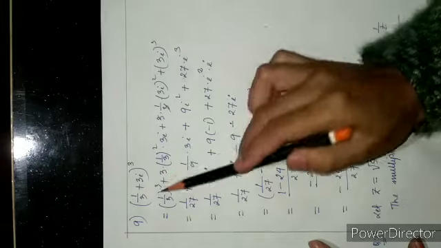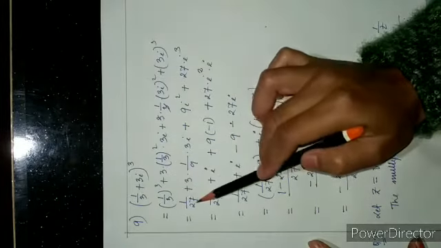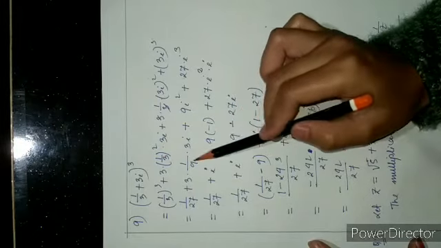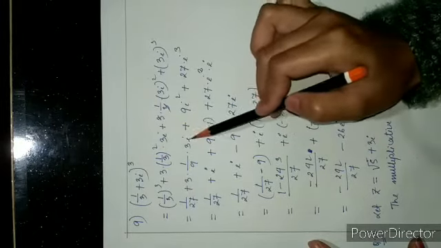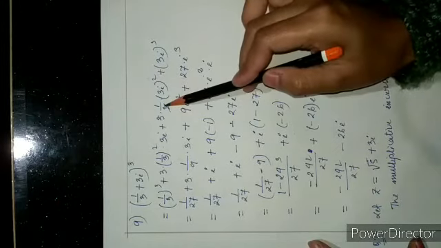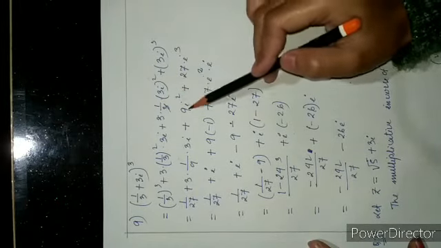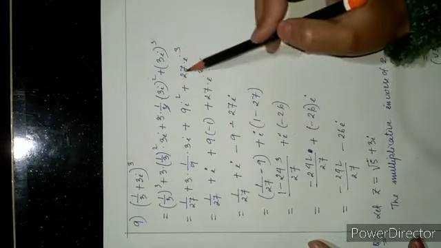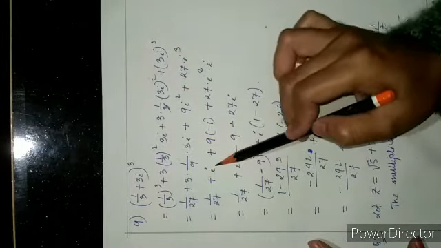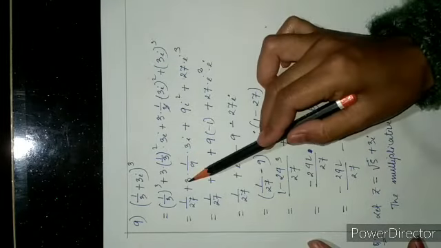Since 1 by 3 whole cube is equal to 1 by 27, 3 into 1 by 3 whole square is 1 by 9, and 3 into i plus 3 into 1 by 3. Cancelling 3. 3i whole square is 9 into i square, and 3 cube is 27 and i cube. 1 by 27 plus 3 into 3 is 9.